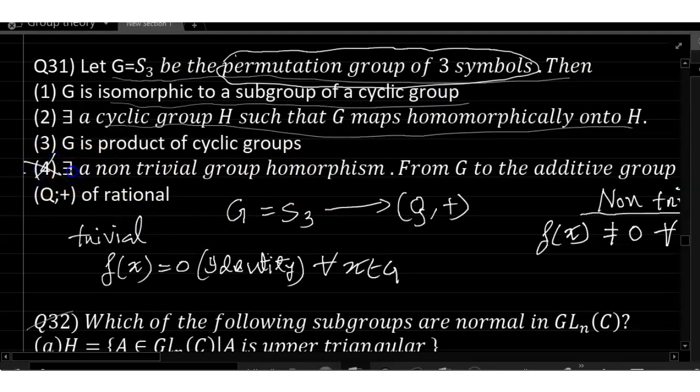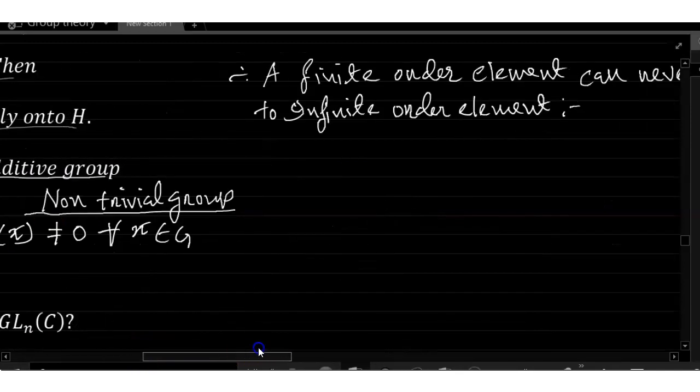There exists a non-trivial group homomorphism from G to the additive group of rationals Q plus, because S3 is a finite group.